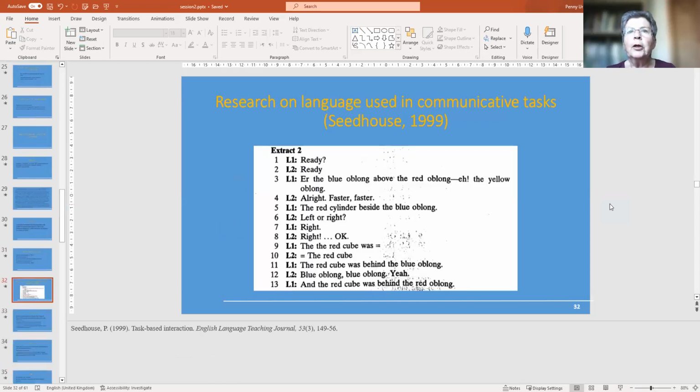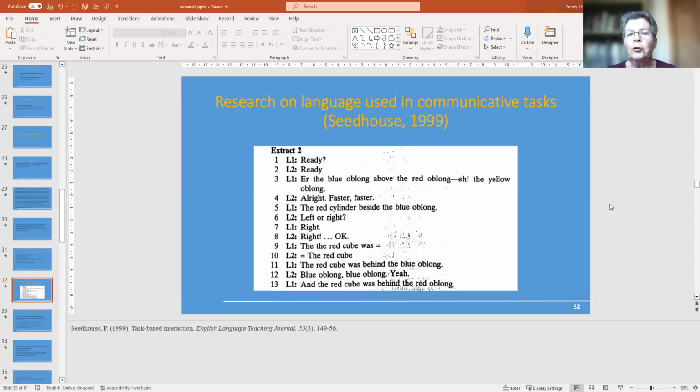Another piece of research often quoted as a criticism of TBLT is Seedhouse, who looked at and recorded students doing communicative tasks based on an information gap. They had to tell each other, in this case, they were telling each other how to draw things or how to put things in relation to one another.